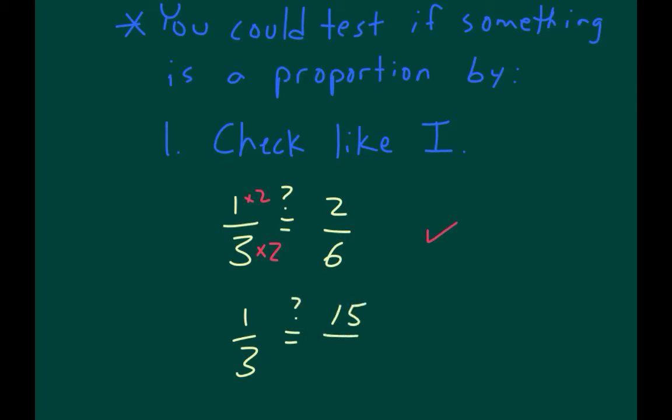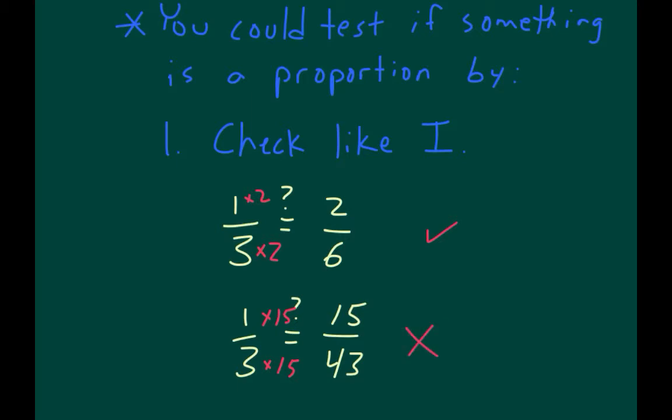I did 15/43. And at first I was thinking, well, from 3 to 43, there's not a good multiplier, so that'd be hard to do. But then I realized in the numerator, you could just multiply by 15. So then in the denominator, you'd have to multiply by 15. Is 3 times 15 43? Nope. So that wasn't an equal proportion.